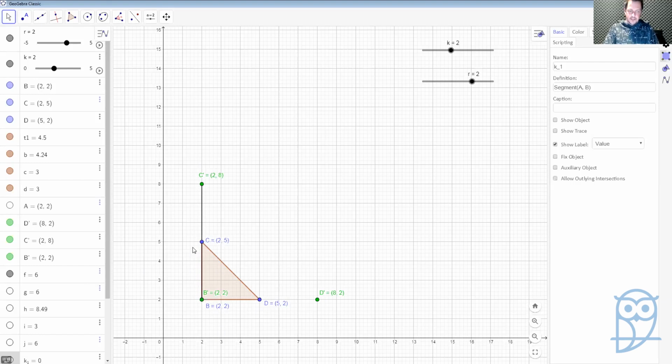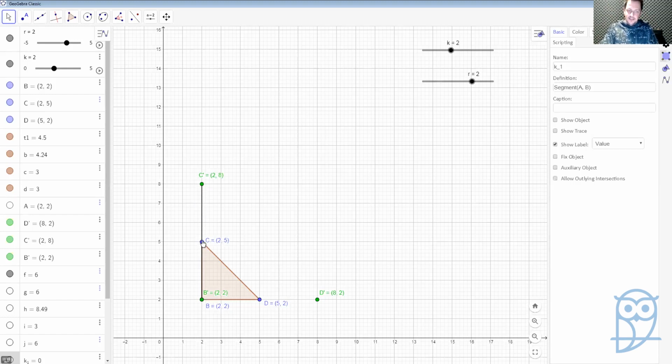And we notice that it's 3 blocks to C, another 3 blocks to C dash. Again, important notation: this C dash is known as the image. The image of point C is what you get when you enlarge or reflect or rotate or do some transformation on it. We normally use a little apostrophe to denote that this is the transformed point of C.